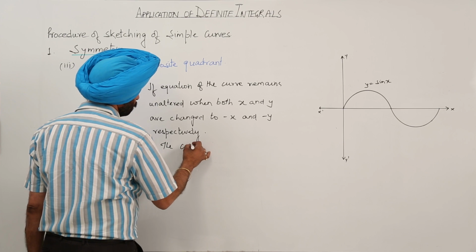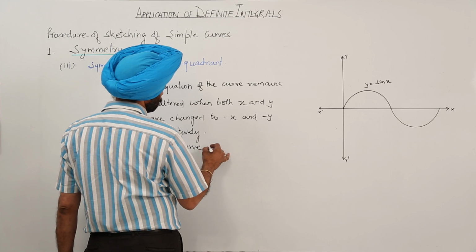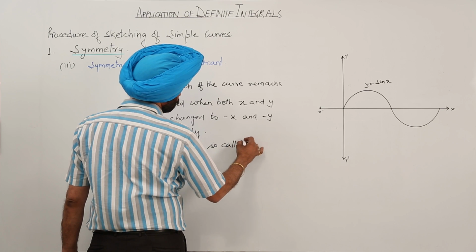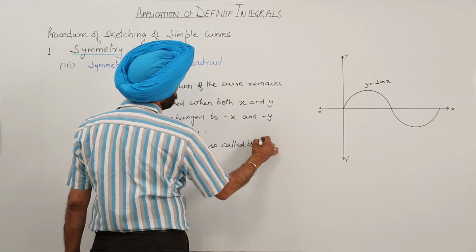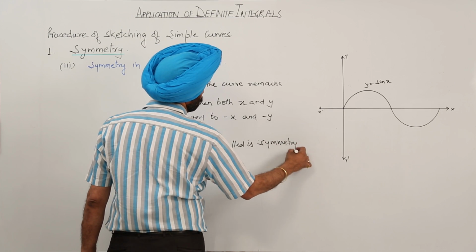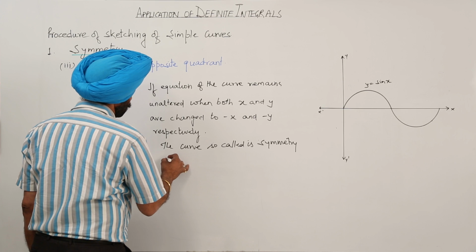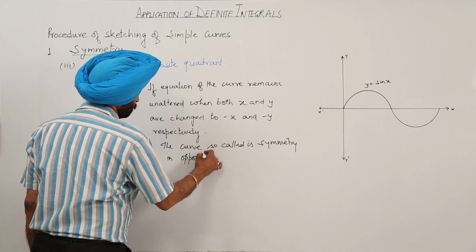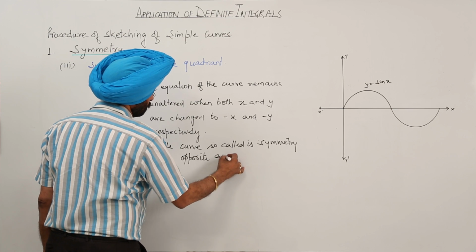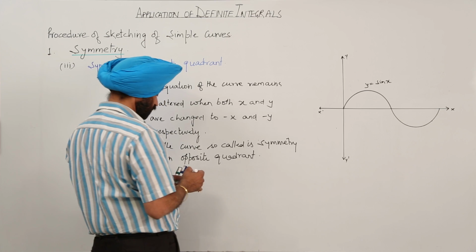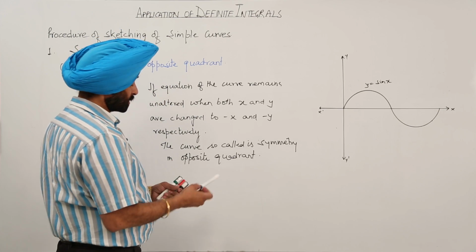The curve so called is symmetric in the opposite quadrant. And I have drawn a rough sketch for y is equal to sin x.